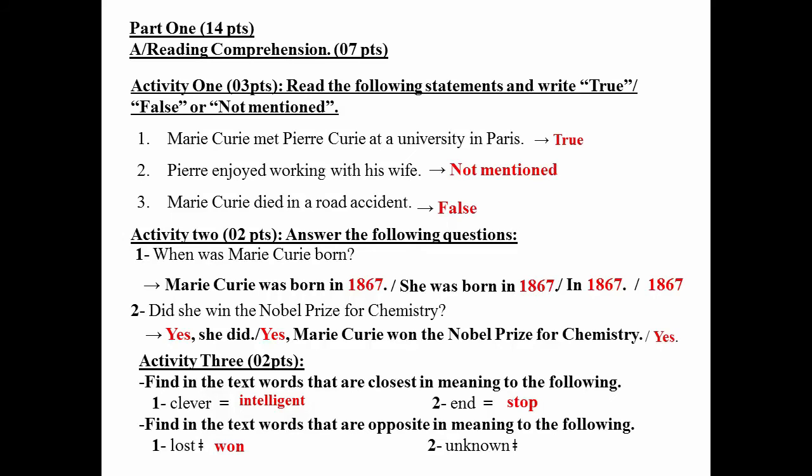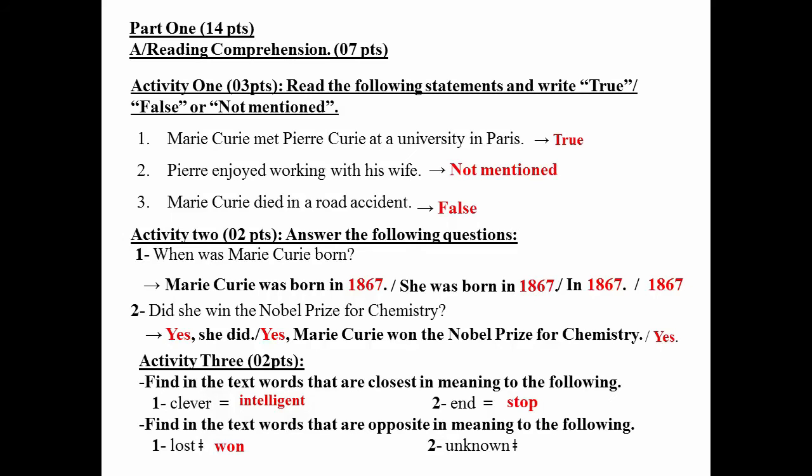Okay. So the infinitive is win. And the infinitive of lost is lose. So in paragraph 2, when talking about the Nobel Prize, Marie Curie won the Nobel Prize.